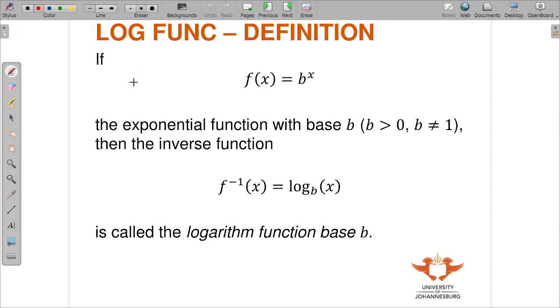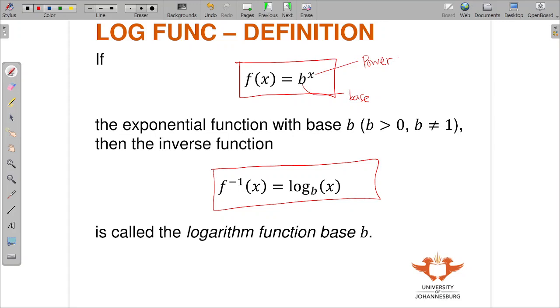In logarithm functions, recall that if we have an exponential function with base b and power or exponent x, then the inverse of that exponential function is a logarithm function.